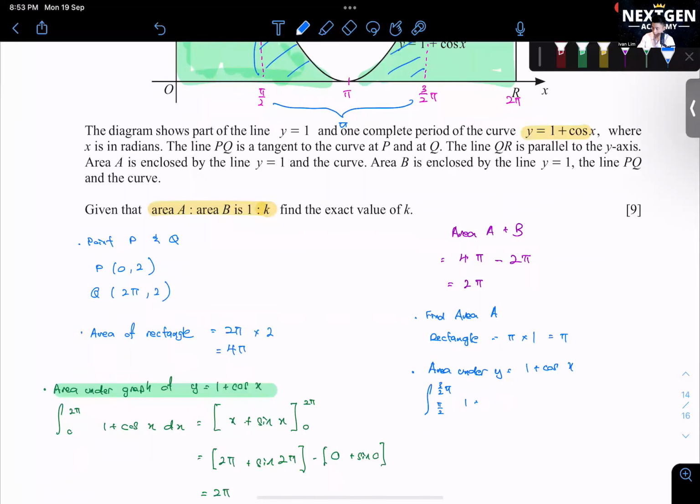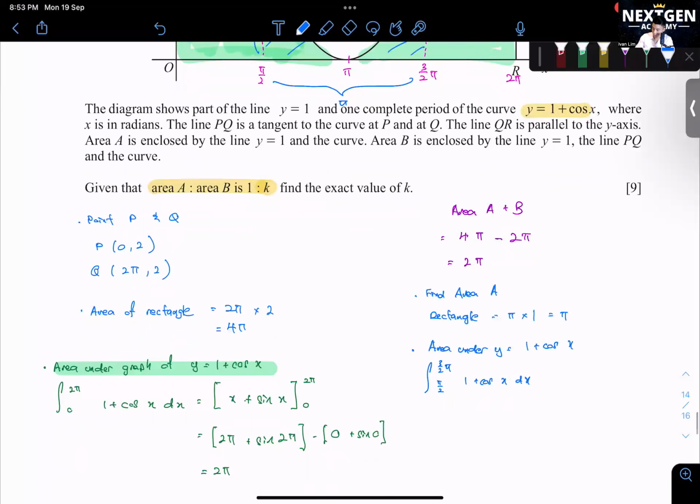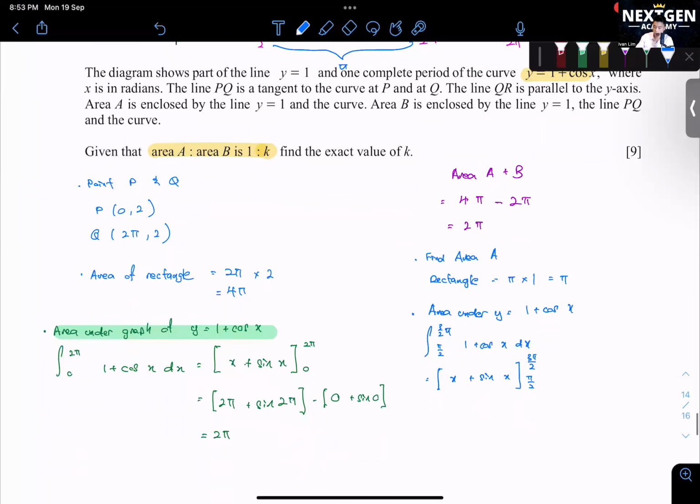Then we get the integral of 1 plus cos x dx, which equals x plus sine x, from pi over 2 to 3 pi over 2. Go and slowly solve it.